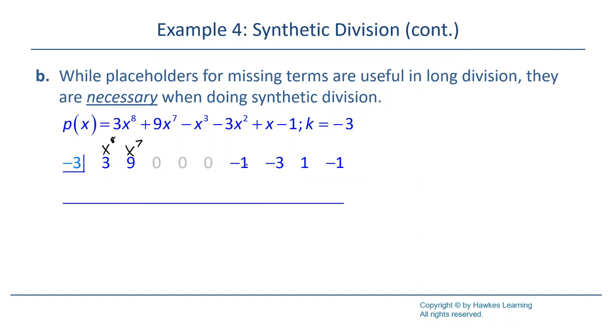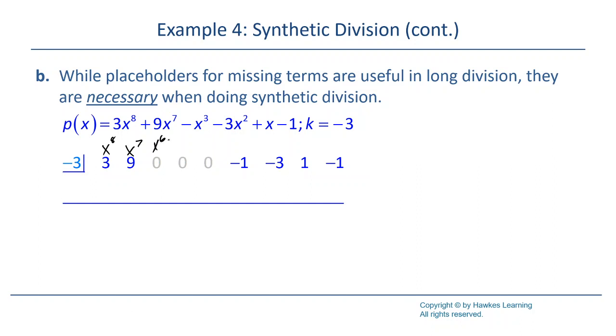But then if I jump down here to x cubed, because you're just supposed to be going descending, if you didn't write these zeros, then your algorithm's going to go, wait a minute, isn't this supposed to be like the x to the 6th slot? So it's going to be very confusing for what goes there. So just be very aware as to what happens and what you need from it.